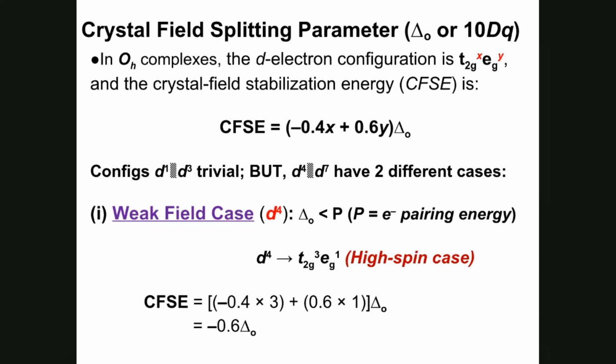So let us look at a d4, which is a simple case where we start having more electrons than the orbitals in the t2g set. Now, in one case that is called a weak field case, you've got the splitting energy, that is your delta O, the gap between the t2g and the eg, being less than the pairing energy.